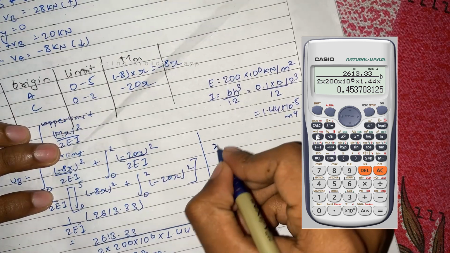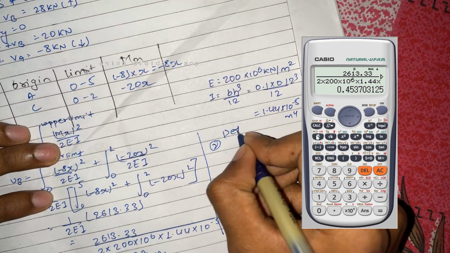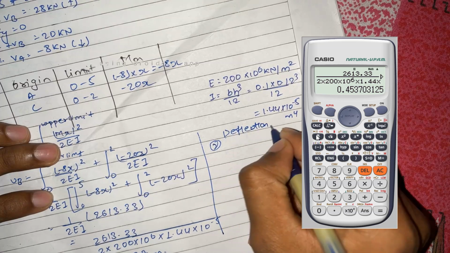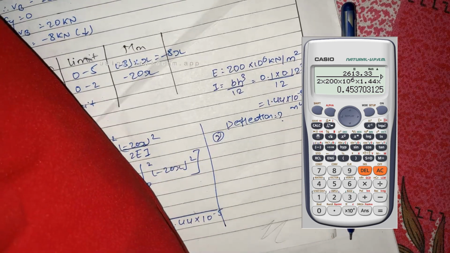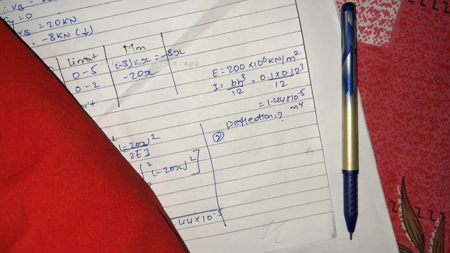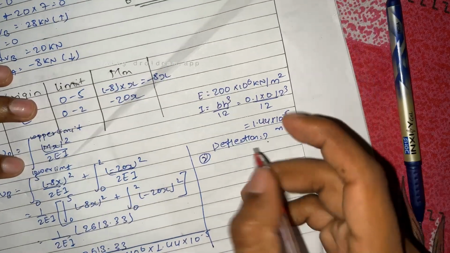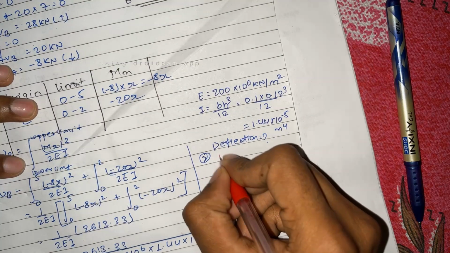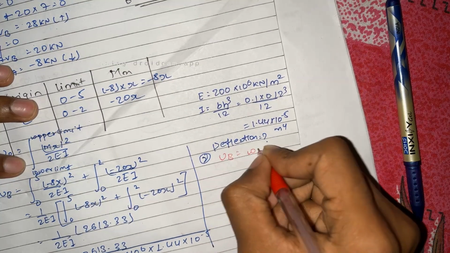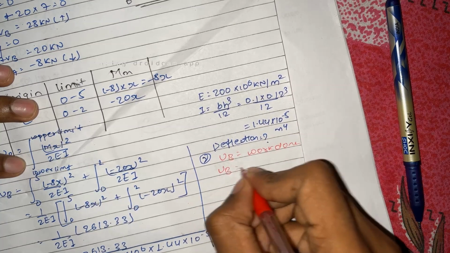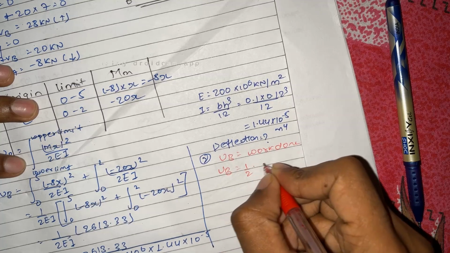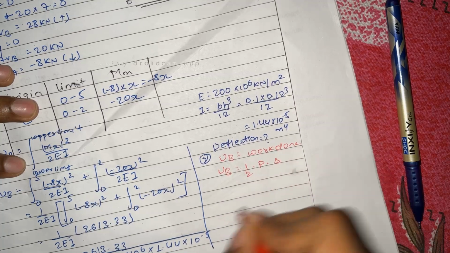And similarly, we need to find the deflection. Yes, we need to find the deflection. So for deflection, we have the relation that the shear stress due to bending is equal to work done. So we can write work done is 1/2 applied load into deflection.